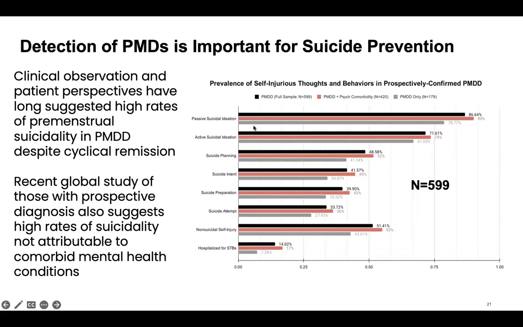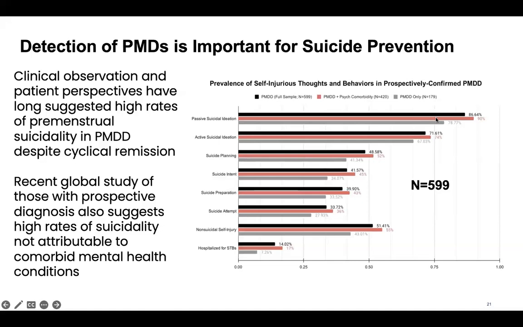So if we take a look at this bar chart here, the black line is everyone in the sample. Everyone in the sample had PMDD. Then we've got this red line, which is people with PMDD plus another psychiatric comorbidity. And then we've got this gray line, which is people who only had PMDD. Although people who had a psychiatric comorbidity did have even further increased suicide risk, we also saw that people with PMDD alone and no psychiatric comorbidity, that gray line, still have really marked suicidality, right?